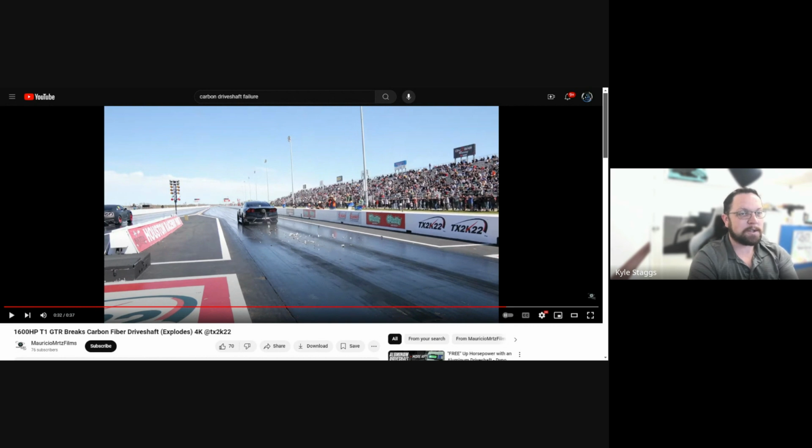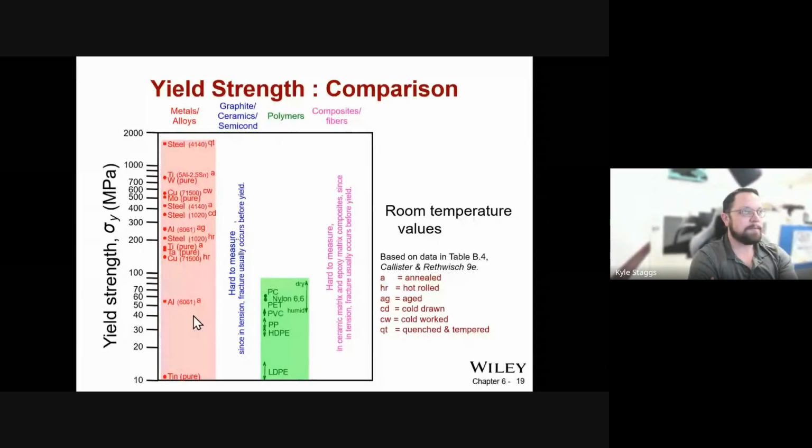So it's important to understand what exactly is happening there and why. So that's the reason why we don't have a lot of data specifically for these composites. It's very tricky to be able to identify the data for these.